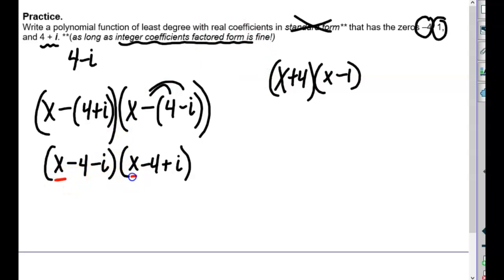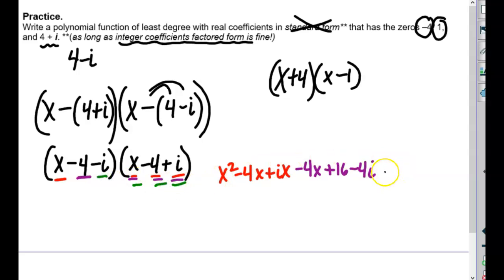If I distribute an x to all three of these terms, then I go back and I distribute a -4 to all three of these terms. And finally, a -i to all three of those terms.